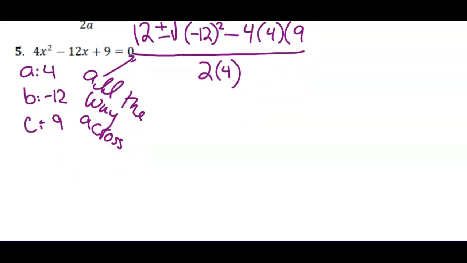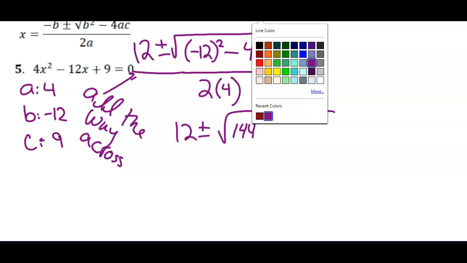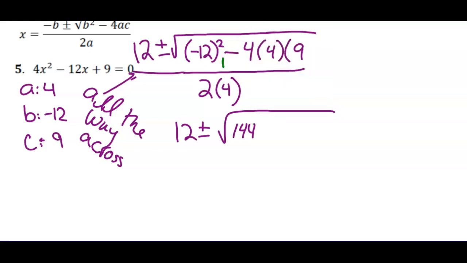So make sure you use good order of operations. So I've got my 12 plus or minus, right? Then I've got my 144. Don't automatically put your minus sign here. Now go through and do this. This is a multiplication problem.